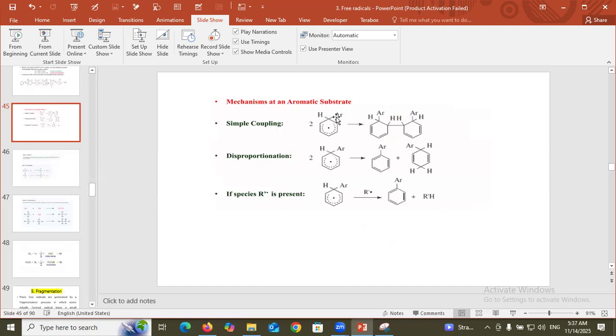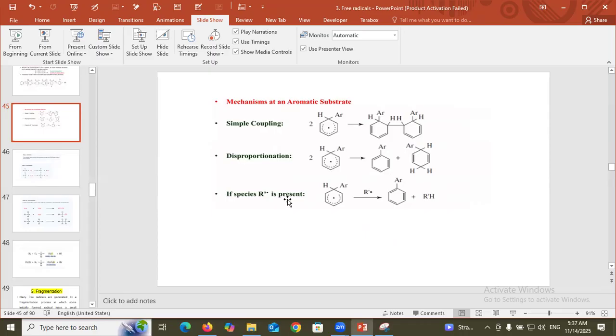Mechanism at the aromatic substrate: simple coupling, disproportionation. In the case of disproportionation, one abstracts hydrogen from the other.